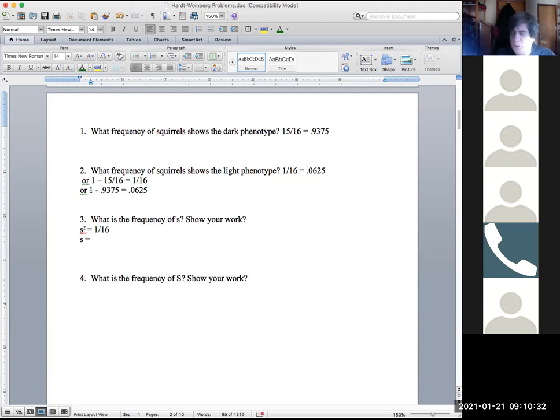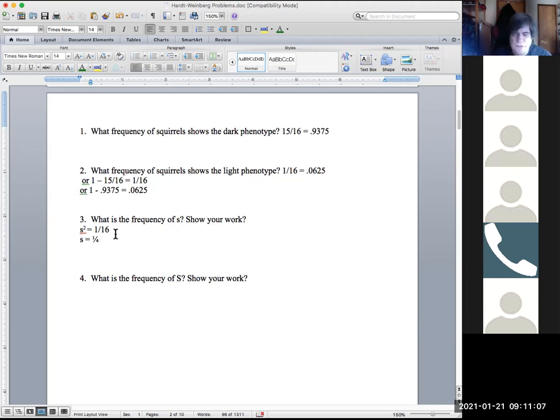And the square root of 1/16, if you don't remember how to take the square root of fractions, you can take the square root of the numerator, and then you can take the square root of the denominator separately. So the square root of 1 is just 1. The square root of 16 is 4. So 1/4, or you could also take the square root of 0.9375, or I'm sorry, 0.0625. And you would get the same thing.